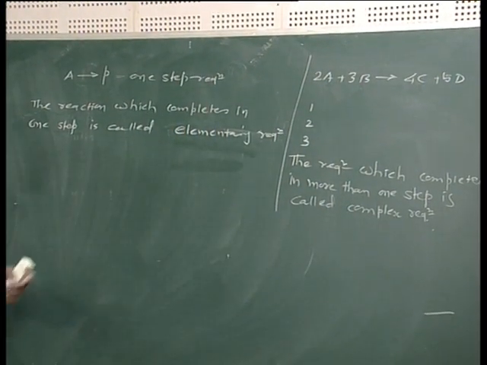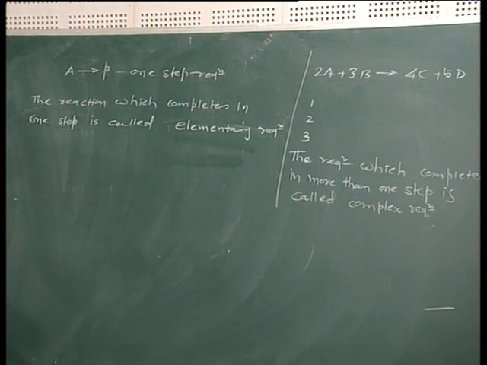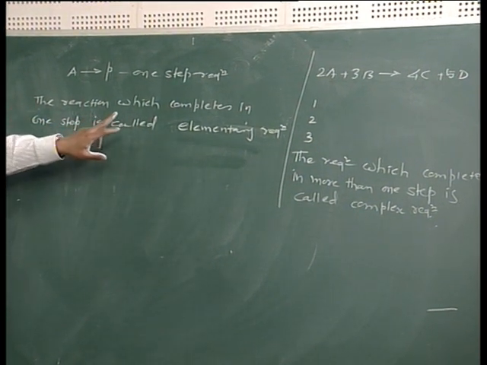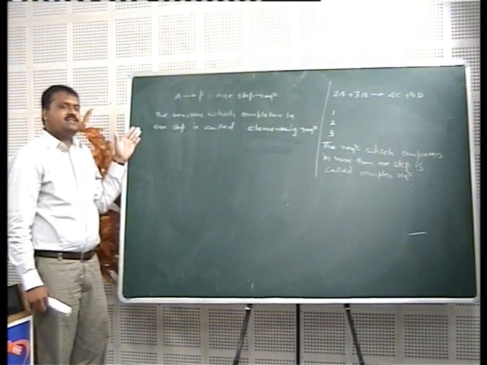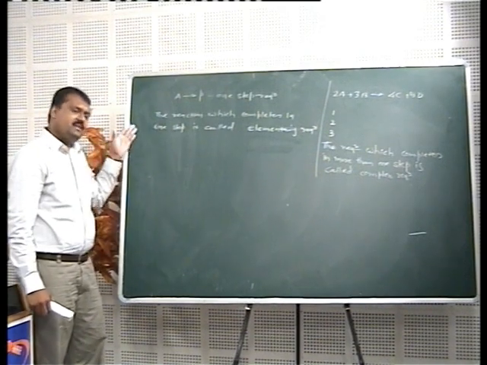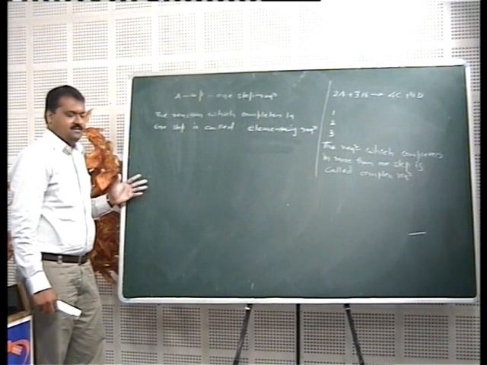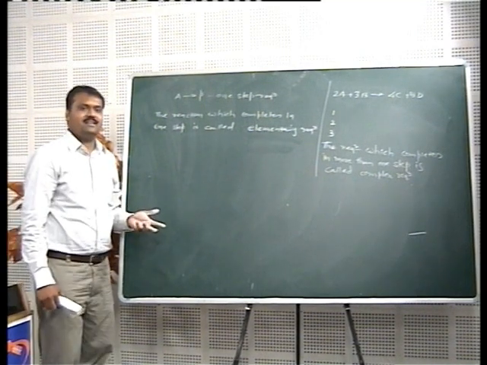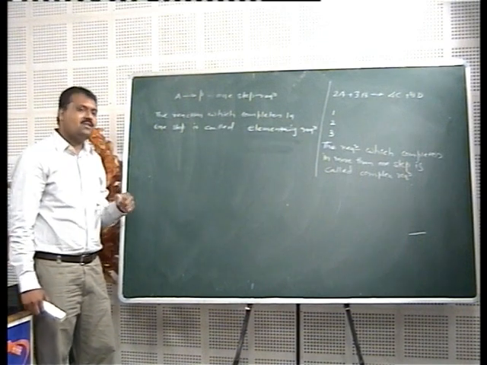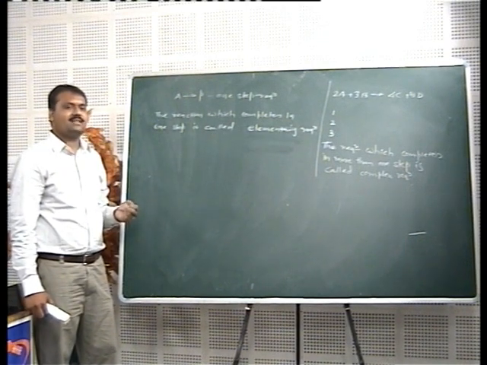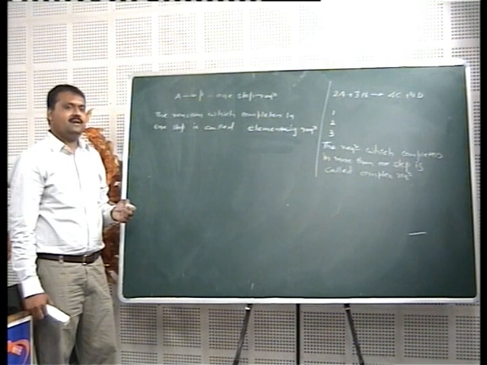Now come to the elementary reaction. See, we say elementary reactions are ones which complete in one step. Now, on the basis of molecularity, the elementary reaction can be further classified into different categories. So, what is molecularity? See, molecularity is the number of reacting molecules that participated in any elementary reaction.